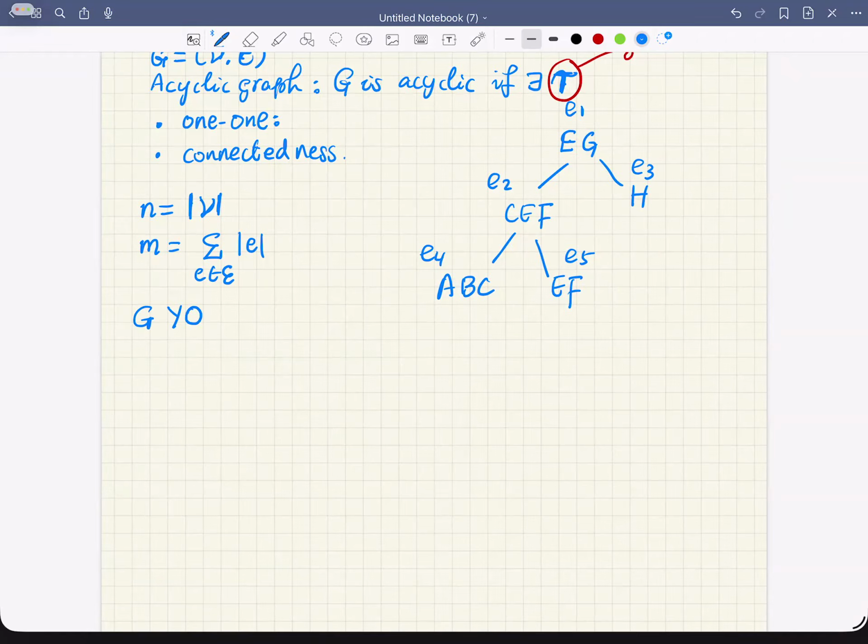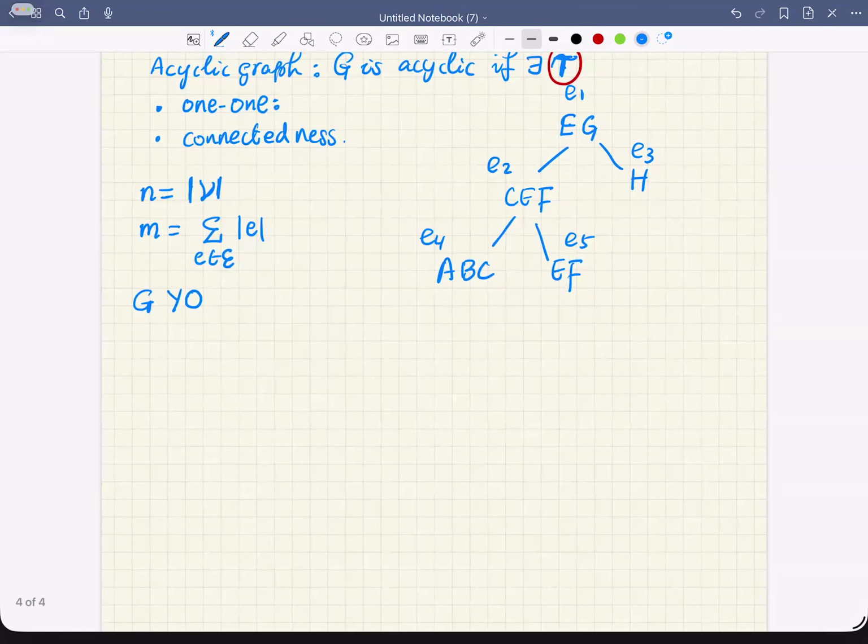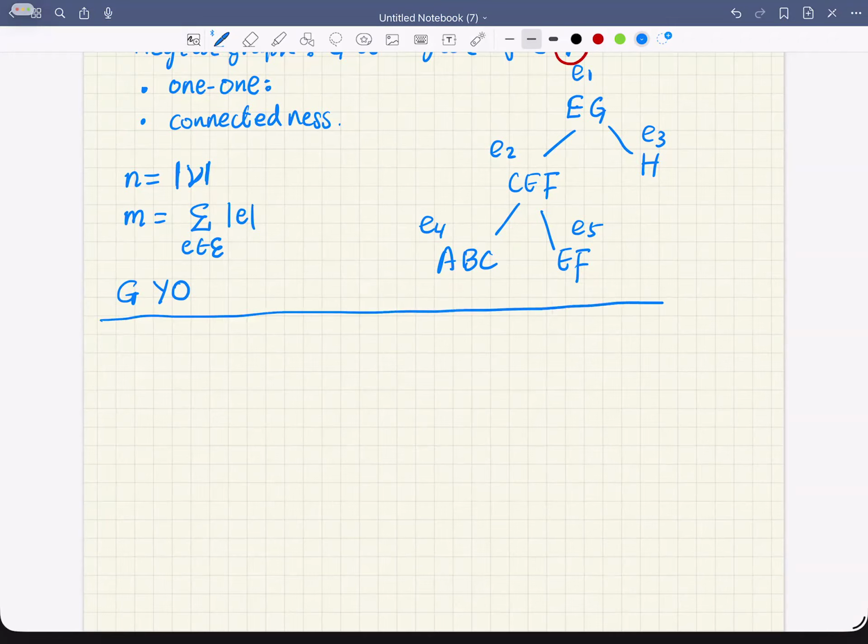There are two papers that independently developed this algorithm. It's the GYO algorithm. That's what we're going to do today. One thing I want you to understand as a super important concept is ear.